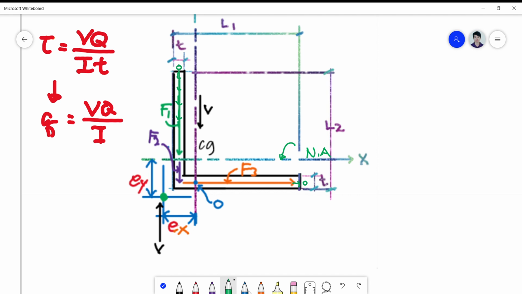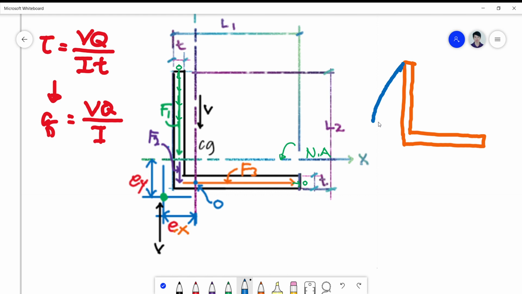So if I'm going to graph my shear stresses now, let me graph it here so as not to confuse us. My graph for the shear stresses will start from 0 here, and then it will increase up to this point, where the neutral axis or the centroid is directly projected, and then it will decrease a little bit here.